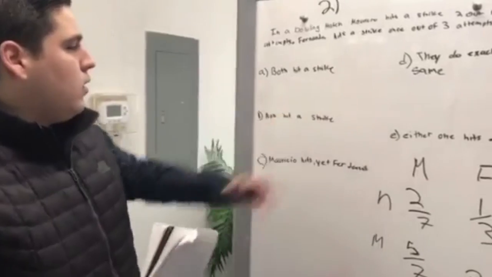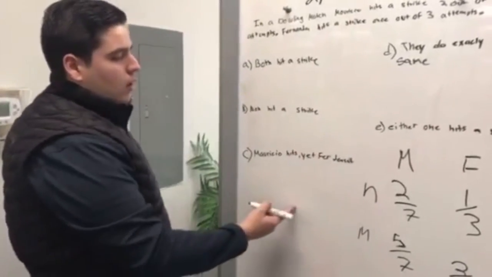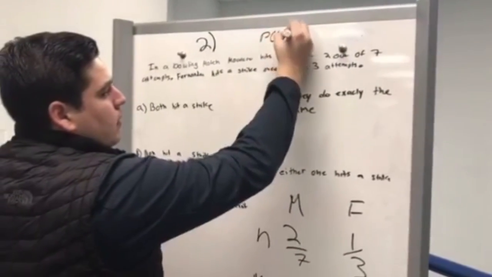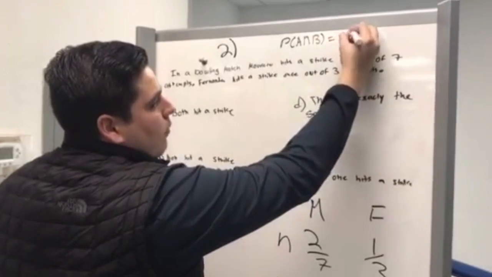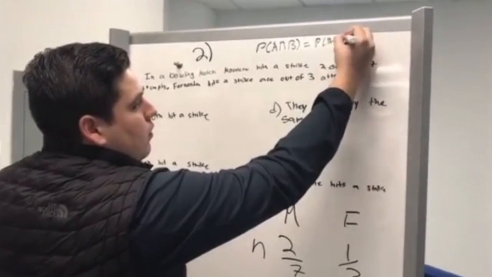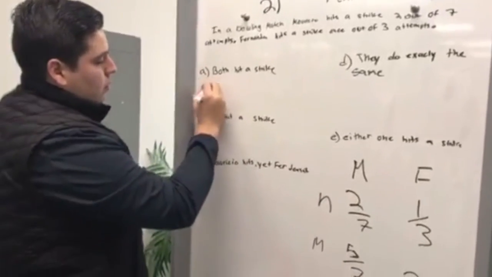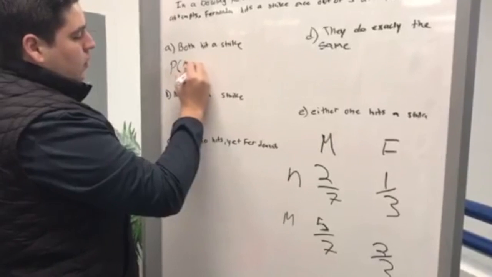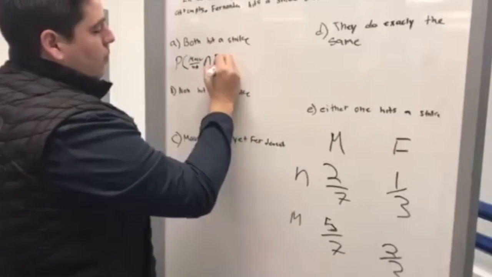So the first question says they both hit a strike. So we will be using the formula of P of A intersection B equals the probability of A times the probability of B. So the first problem will be P of Mauricio hits intersection Fernanda hits.